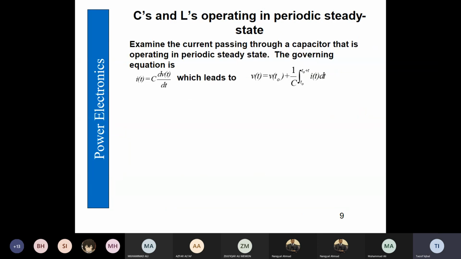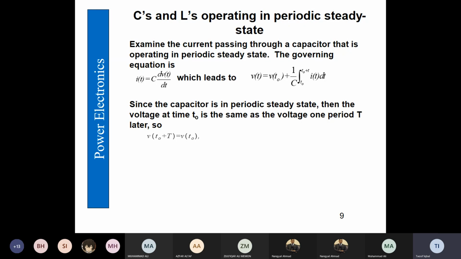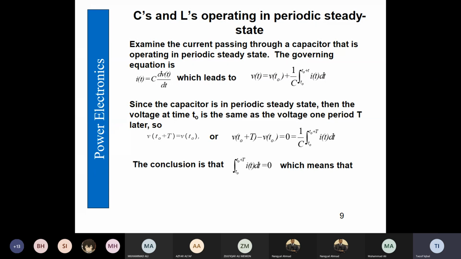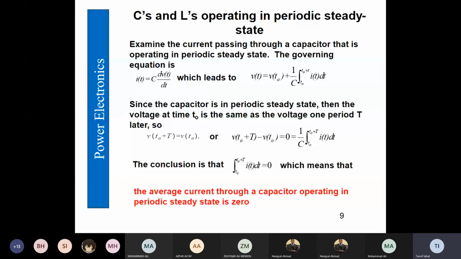Okay, so then comes the understanding which we already have, just going through it. When the circuit is operating in steady state, the average voltage across the inductor is going to be 0, and therefore the average current passing through the capacitor is also 0.